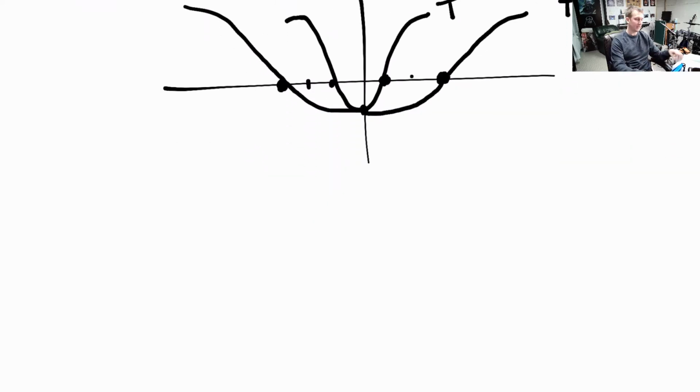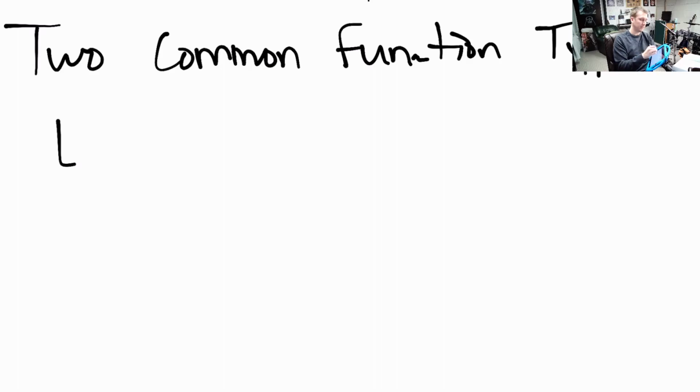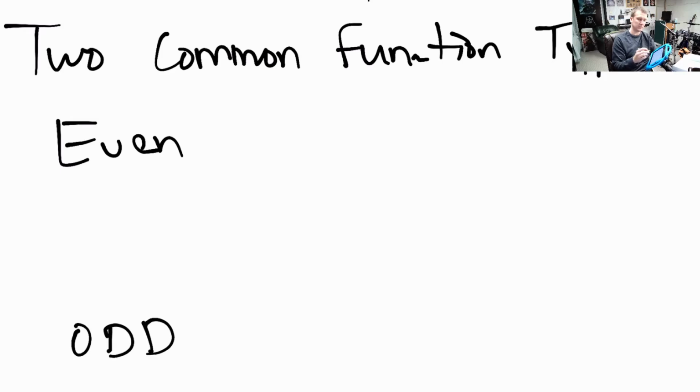Okay, now the last thing for this section is to talk about some common kinds of functions. So 2 common function types: even and odd. These are the words that we describe them with.